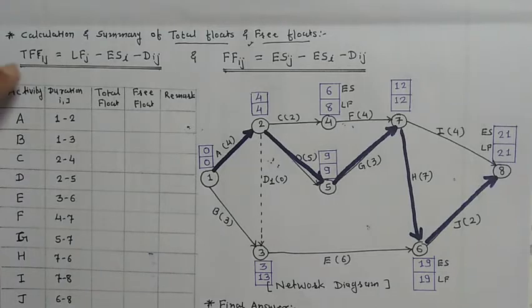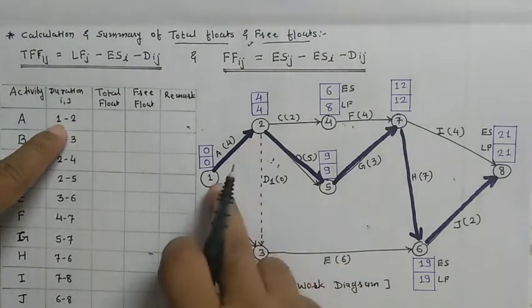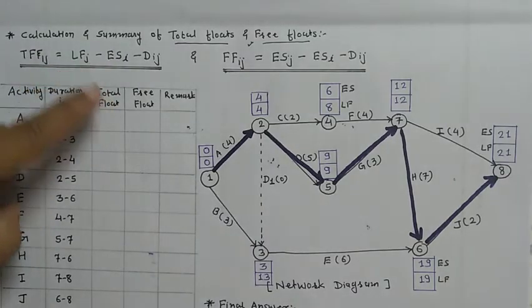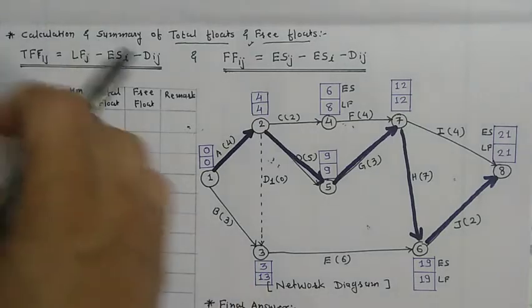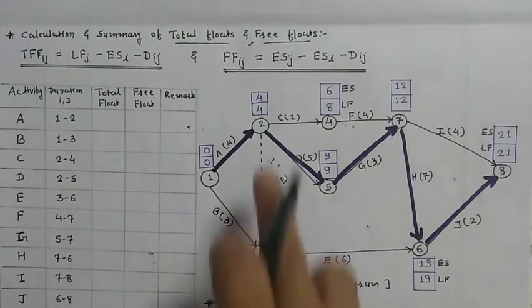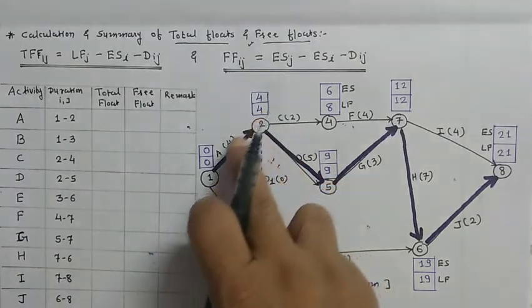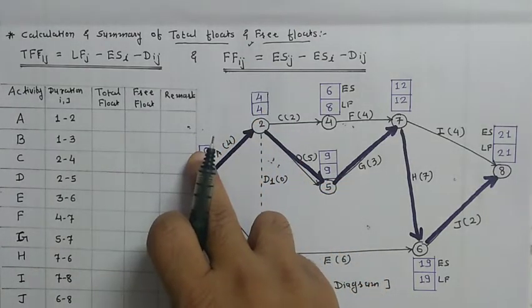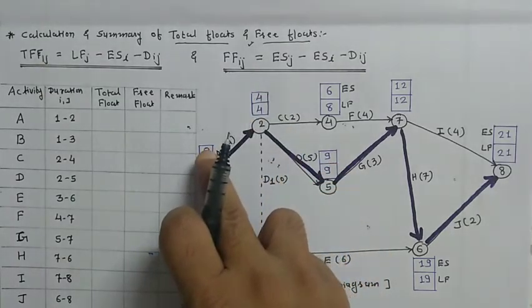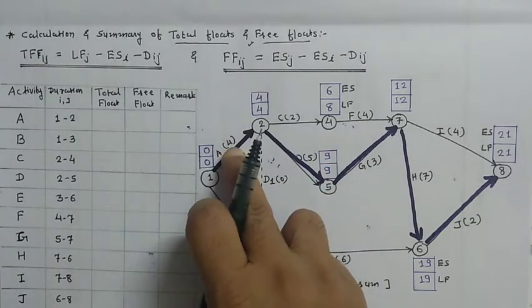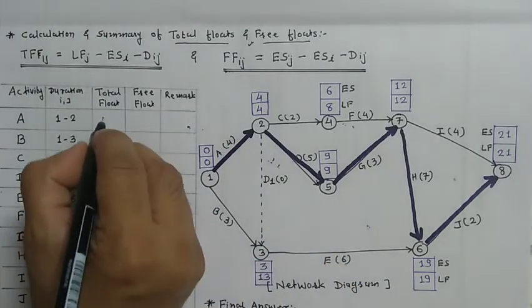Now find out the total float, that is LFJ minus ESI minus duration, for the activity 1 to 2. LFJ means latest finish time of head event minus earliest start time of tail event minus duration. So 4 minus 0 minus 4 is equal to 0. So total float is 0.